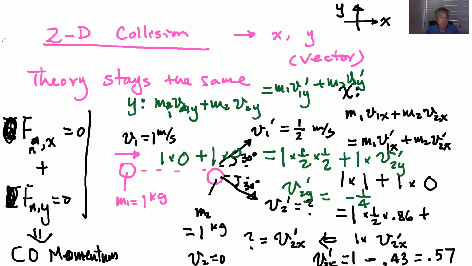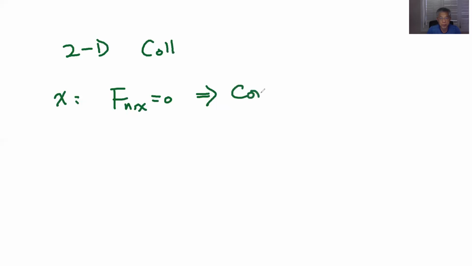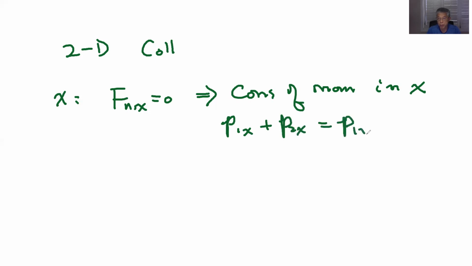So let's recap, right? In this problem, you do a 2D collision problem, okay? So you just do x, and you find out that the net force in the x direction is 0, so you can apply your conservation of momentum in the x direction, right? So then you have P1x, that's momentum, plus P2x equal to P1x prime plus P2x prime.